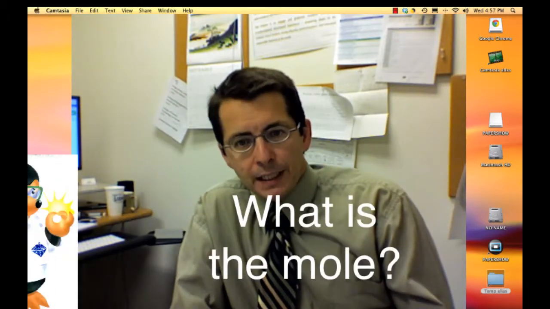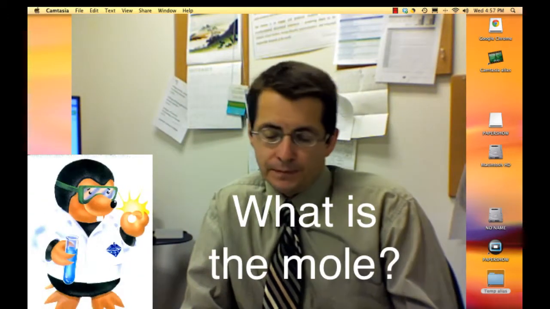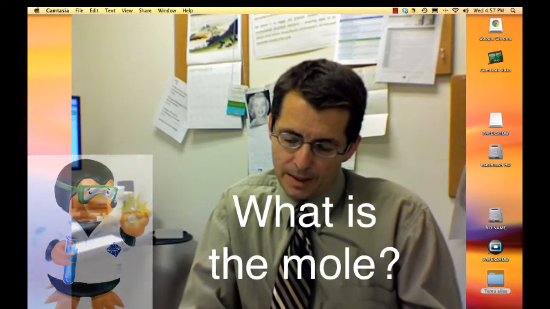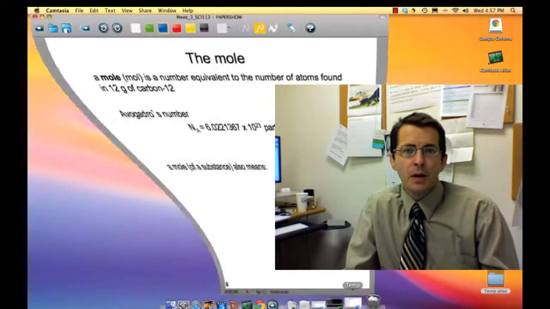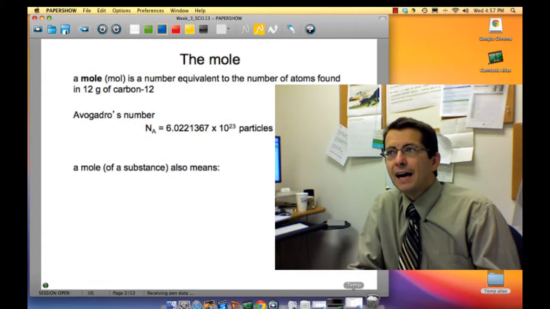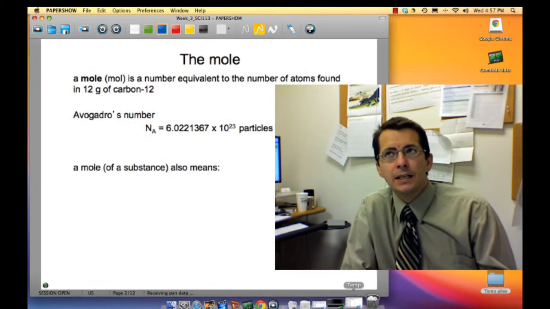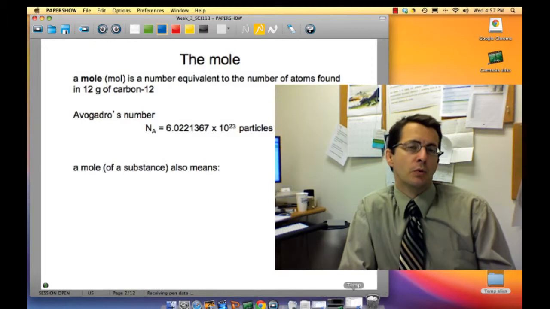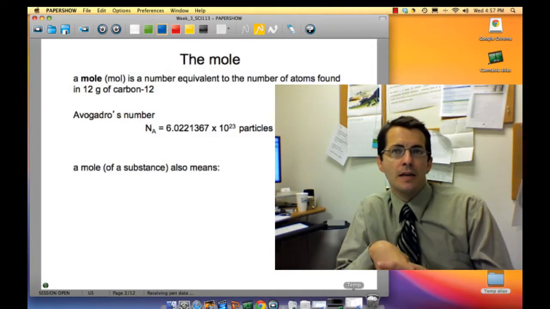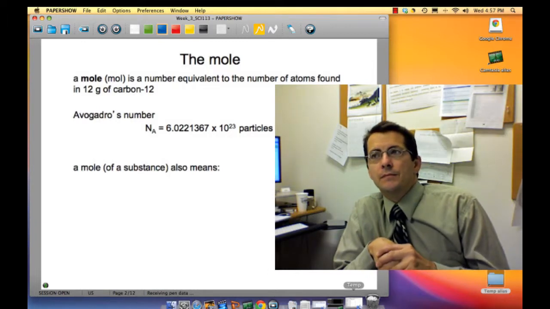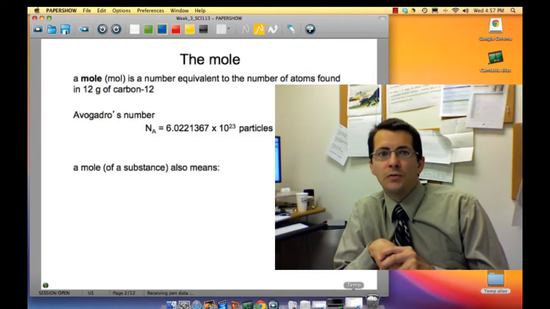But actually, what is the mole? The mole turns out to be the number of particles found in exactly 12 grams of carbon-12. So we fix that number as the number of particles in exactly 12 grams of carbon-12.